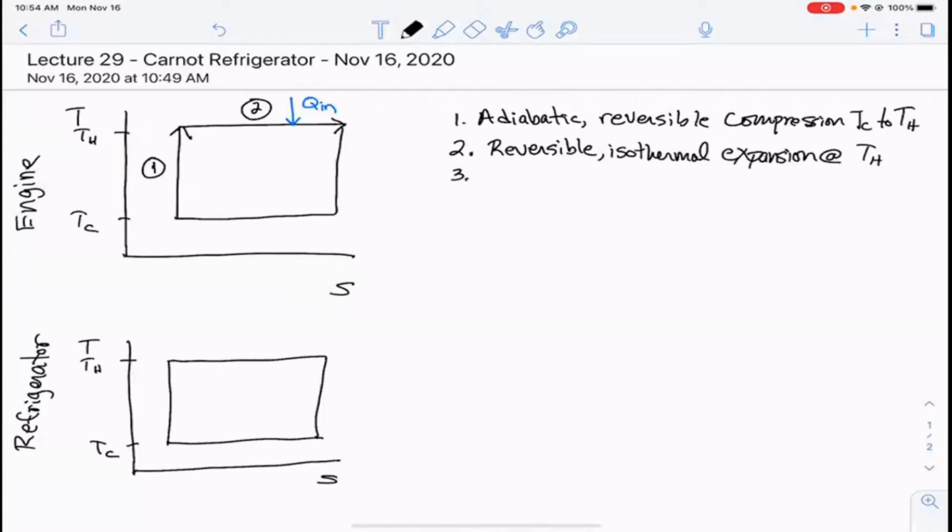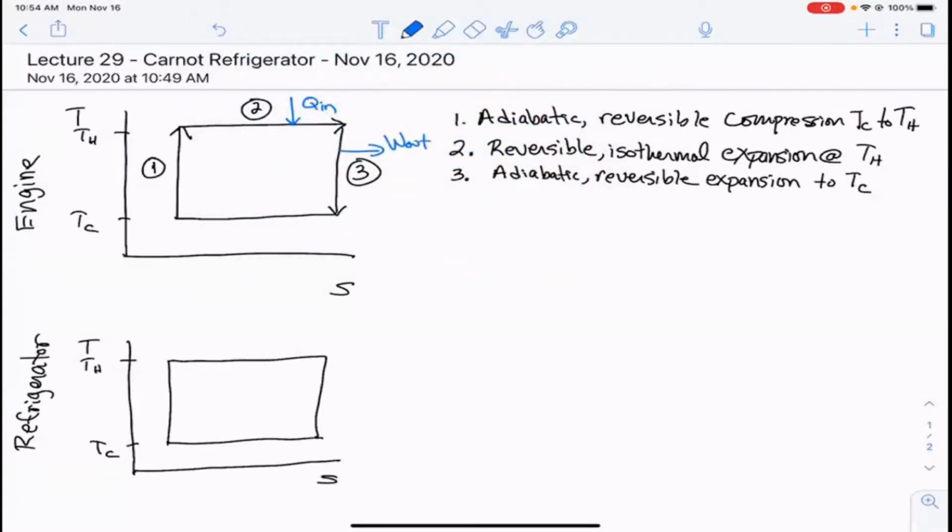And so step three is the work step, where we're going to do an adiabatic reversible expansion. It starts at T hot and ends at T cold. So we're here, and that's step three, and that is where we get the work out that we're interested in.